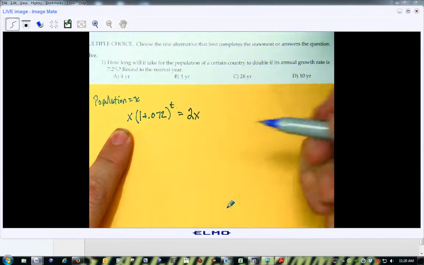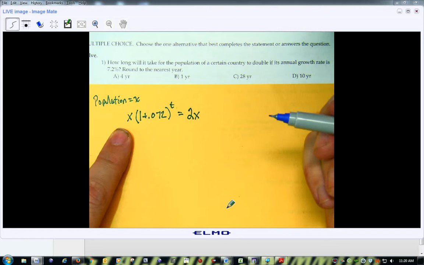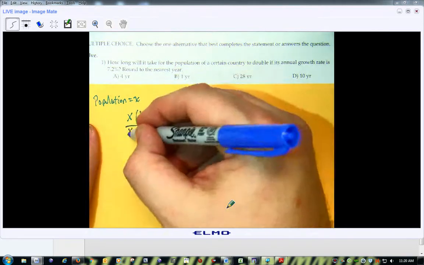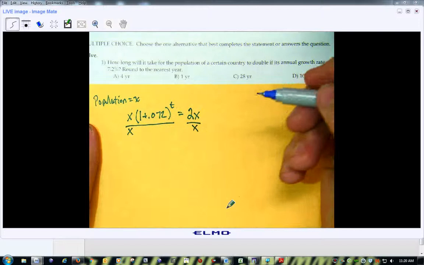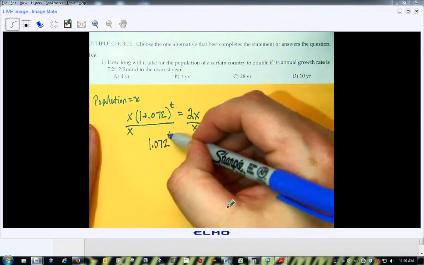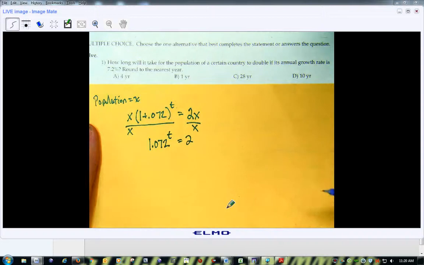You want it to double, so you want it to be equal to 2x. So if you divide this by x, we're going to get 1.072 to the t power is equal to 2.